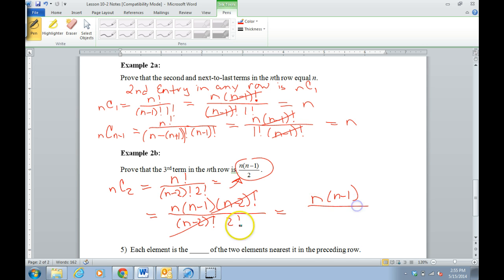And then 2 factorial is just 2, because 2 times 1 is 2. The factorial stays on top because we took it all the way down to n minus 2 factorial, and then we canceled them. And 2 factorial is just 2 times 1, which is 2.